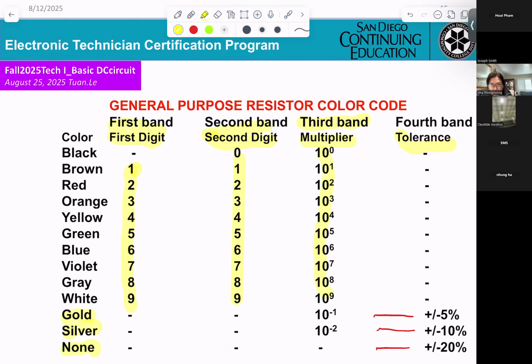The thing is, normally they can measure the resistance of the resistor using a DMM multimeter. If you go for an interview, they give you a resistor and can ask you what the value of the resistor is.